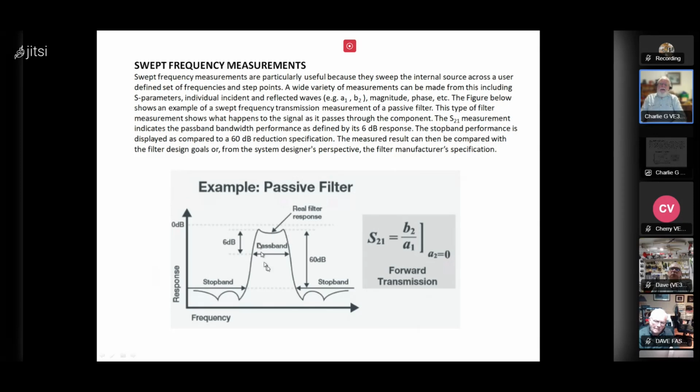But because we're really talking about voltages or currents here, it's the 6 dB bandwidth for a forward transmission through a filter here. The VNA basically, once we've designed our filter, allows us to measure how that filter is actually performing versus the design spec that we put together.